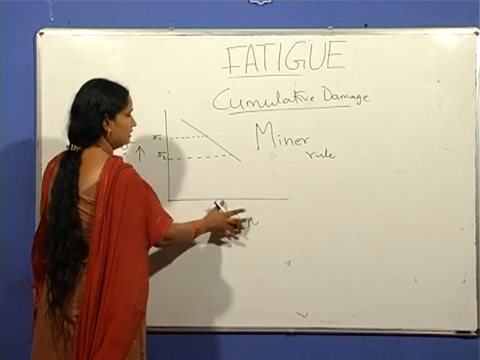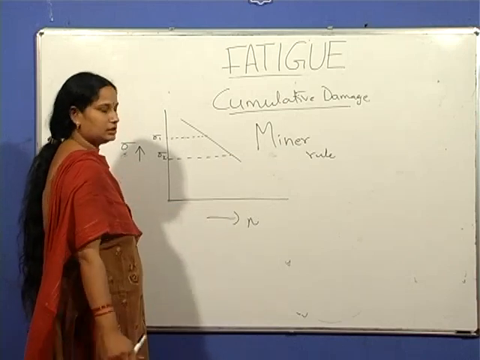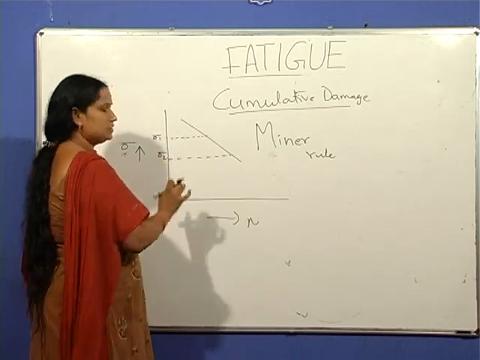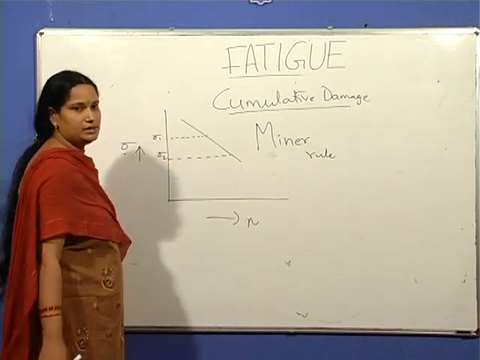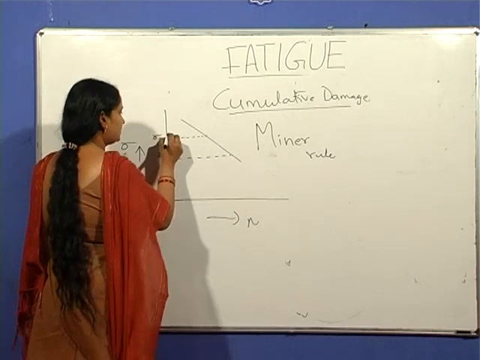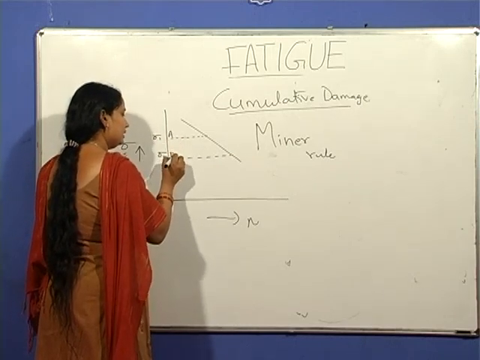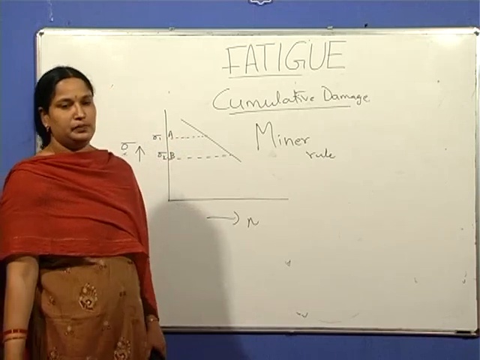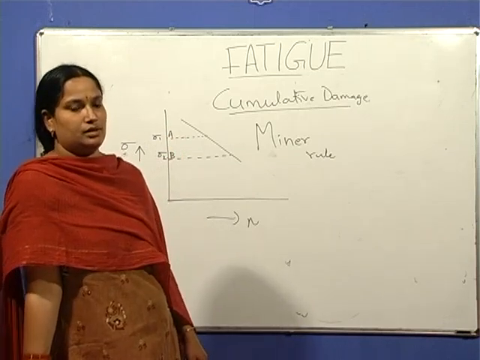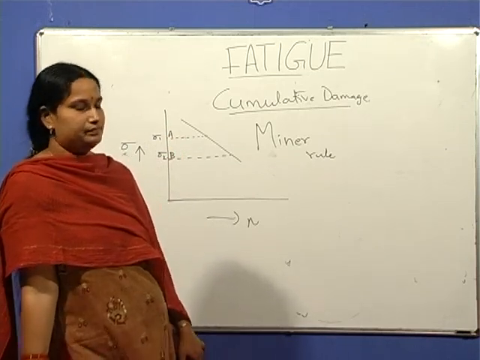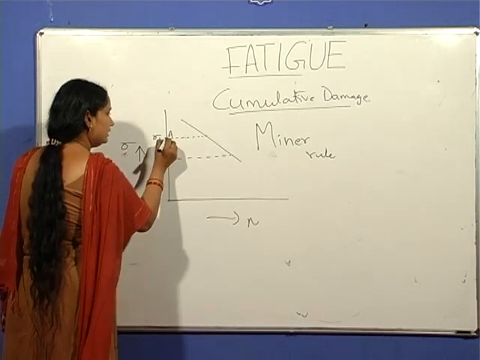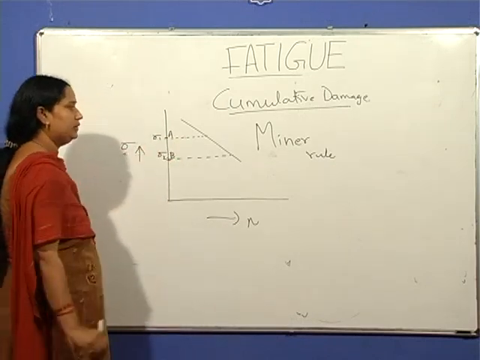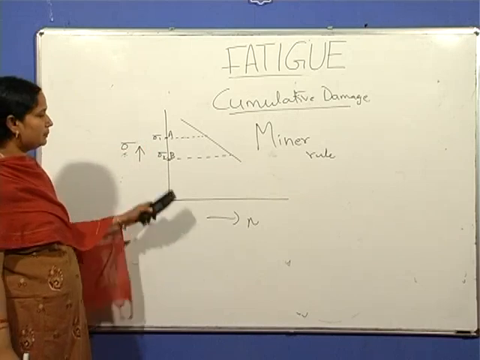Thereby, the number of cycles to failure is correspondingly higher for sigma 2 and lower for sigma 1. At points A and D, the life of the component is 100%.